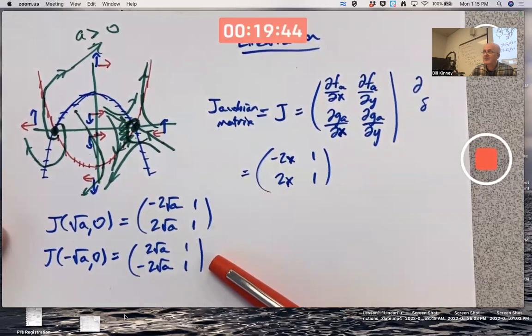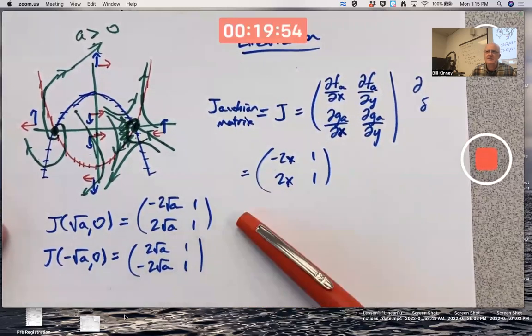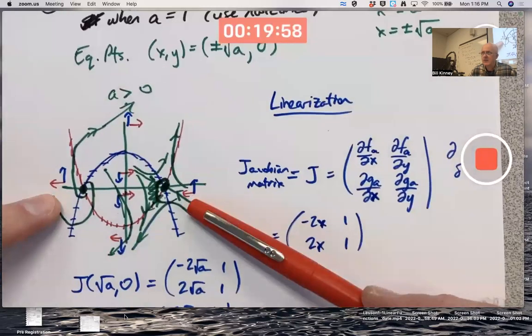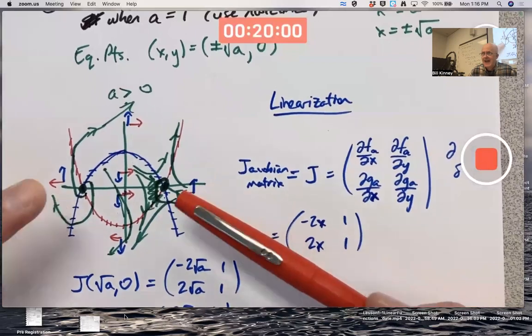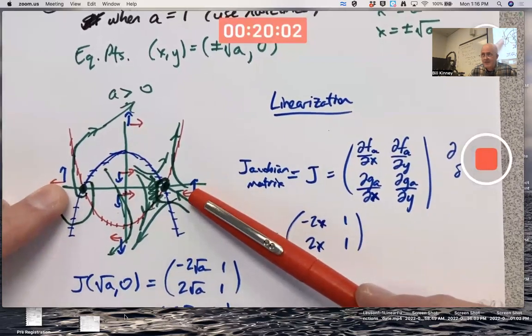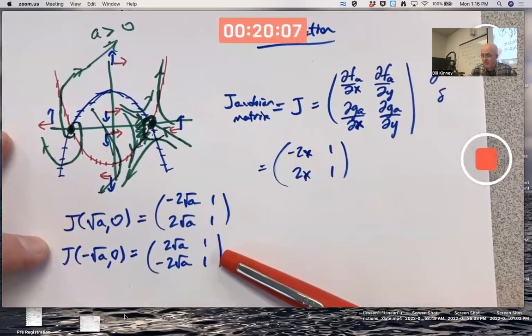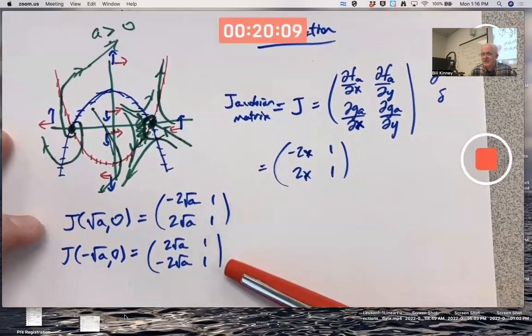And if I'm trying to think about such systems as quickly as possible, the quickest method is to think about the trace determinant plane to identify the nature of the equilibrium point at the origin of these systems. At the origin? But wait a minute. The origin is not an equilibrium point. Yeah, it's not an equilibrium point for the nonlinear system, but I could think about the origin being the equilibrium point for systems corresponding to these matrices.